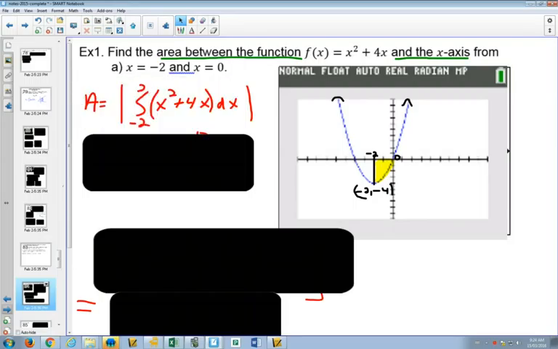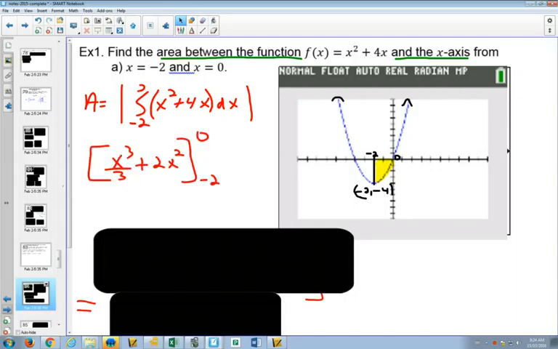And so when we do the integral, we know that we're going to get a negative answer. So we can put absolute value bars around it, because it's going to be negative. Then when we solve it, it's going to become positive.